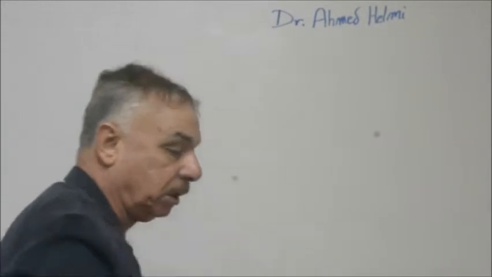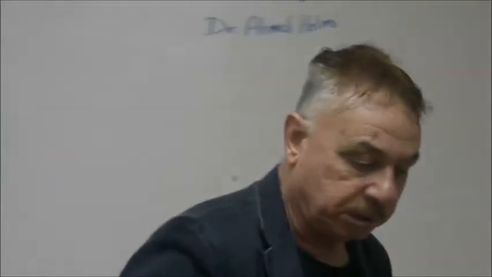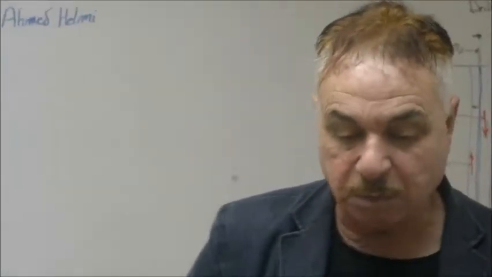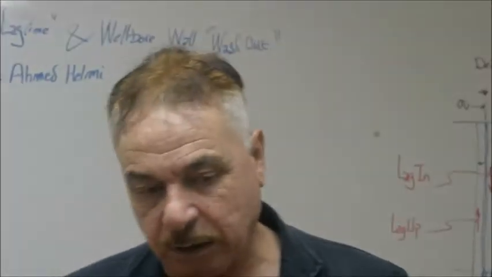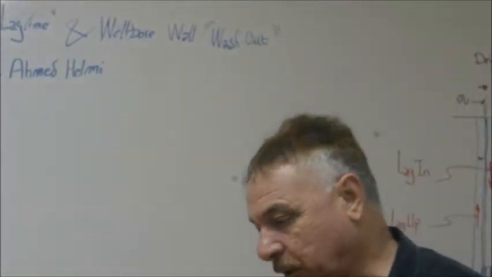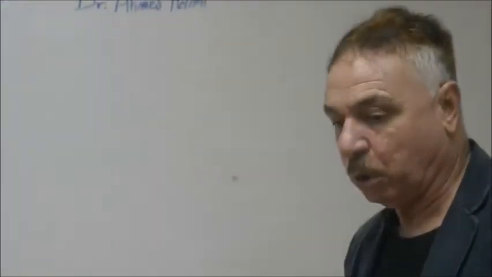We begin with what is lag time? What's meant by lag time? Definition of lag time. Lag time is the time that the drilling mud takes in moving between two different points in depth.